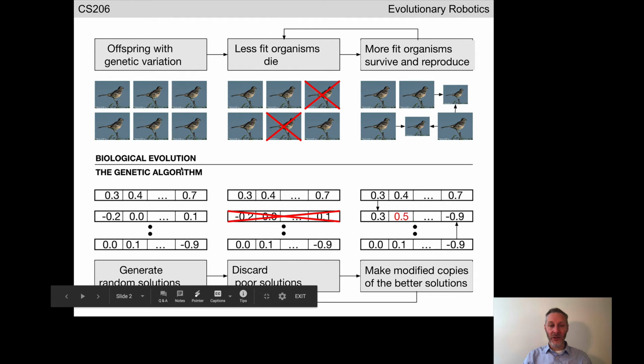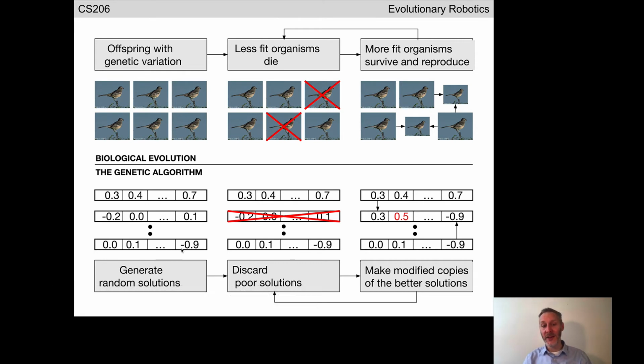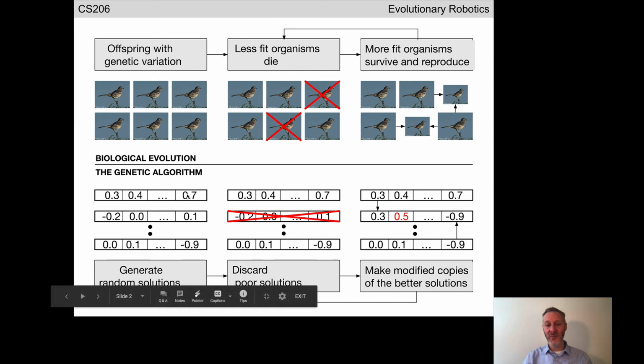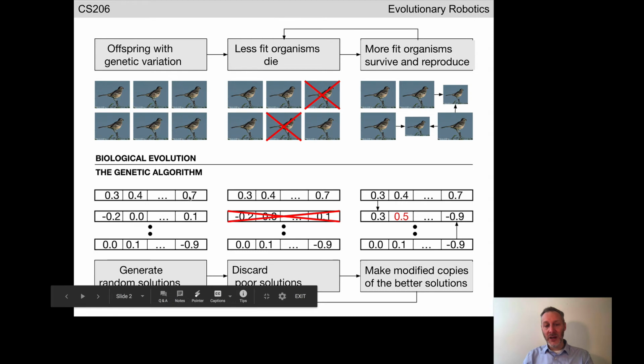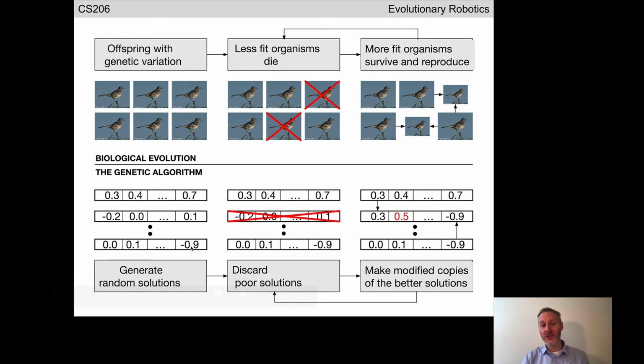The genetic algorithm, like biological evolution, starts with a population of things. In this case, instead of birds, we have data structures. As we'll see, different evolutionary algorithms encode things in different data structures. In this case, we've got a population of vectors, and these vectors or these data structures are encoding candidate solutions to a given problem.